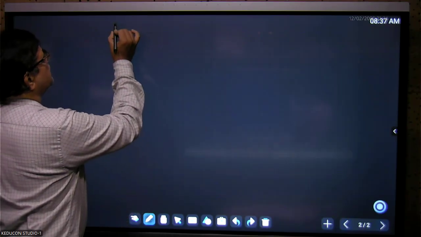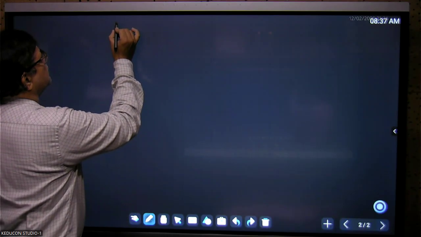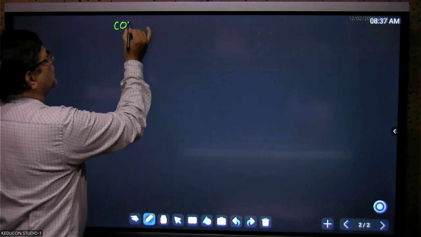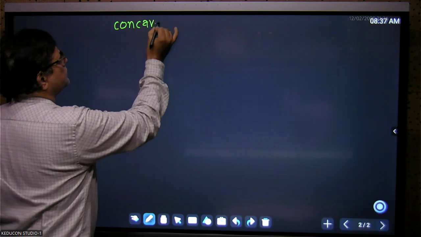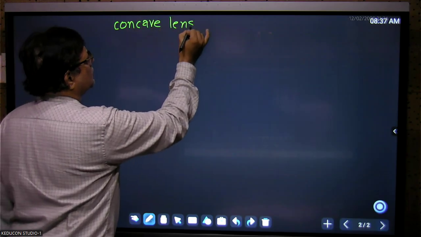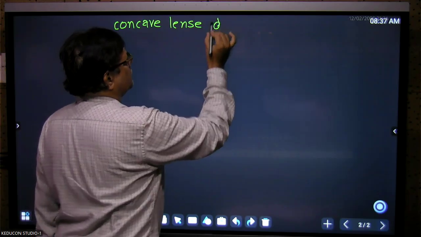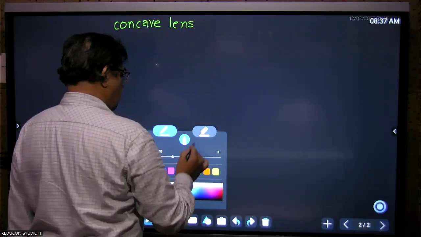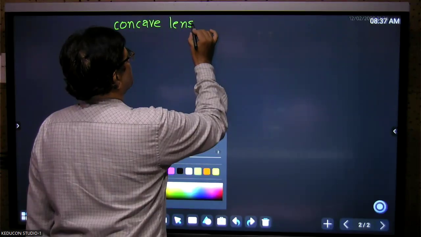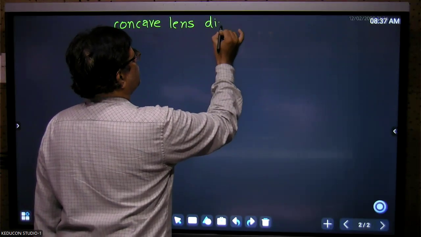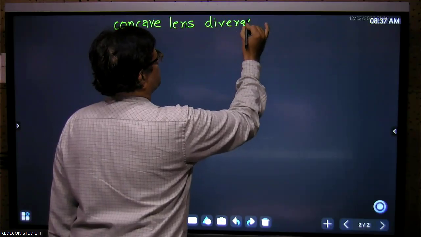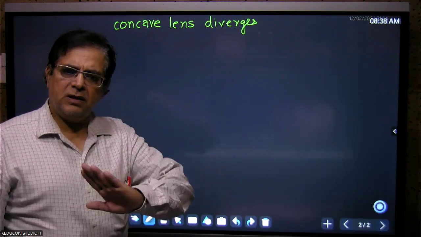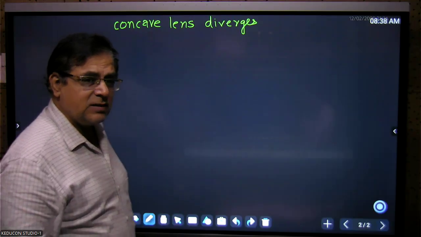The teacher is writing as per the advanced question. What? Concave lens diverges. Remember, the teacher is saying this with the same condition: the outer medium is rarer and the inner medium of the lens is denser.